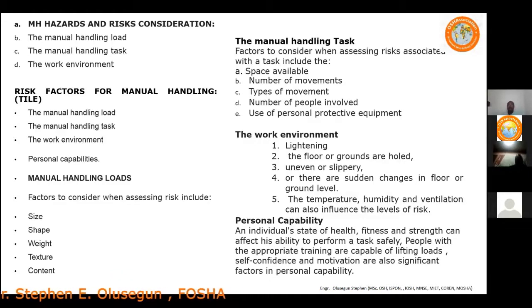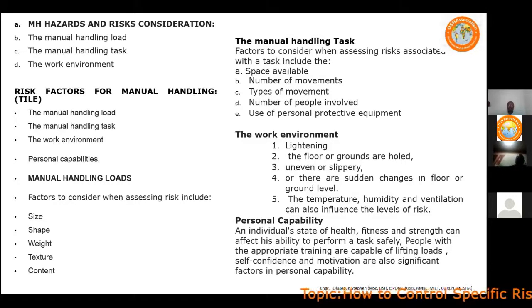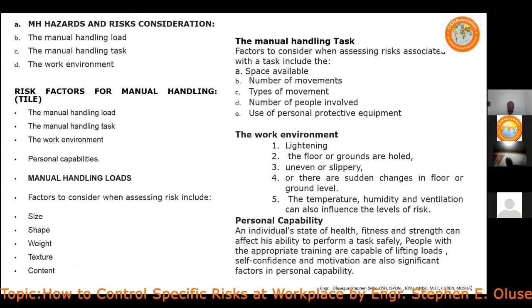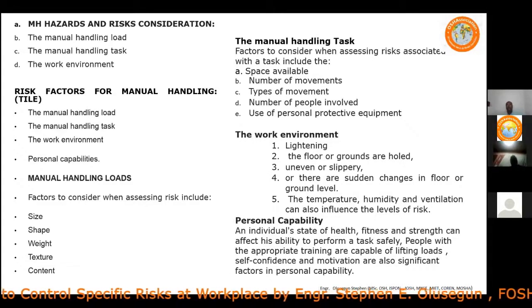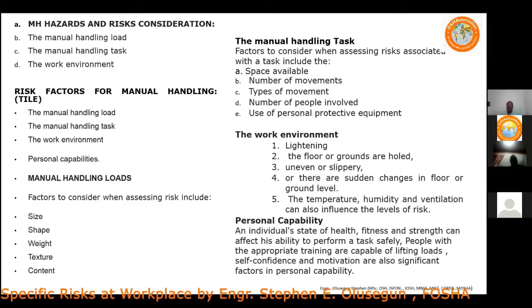The manual handling task: factors to consider when assessing risk associated with the task include the space available, the number of movements you are making doing this task, and types of movement. You will see some of the video I put there. You see some people moving certain things at a certain time, and you can see how repetitive it will be.